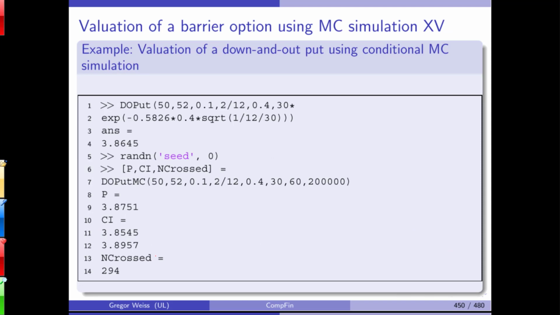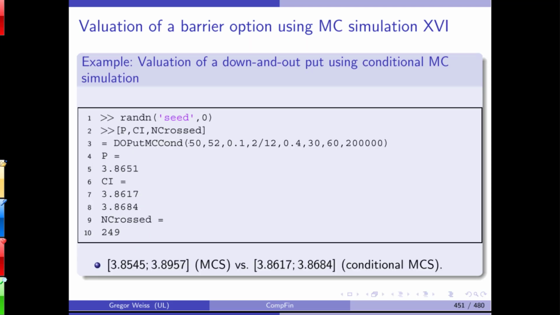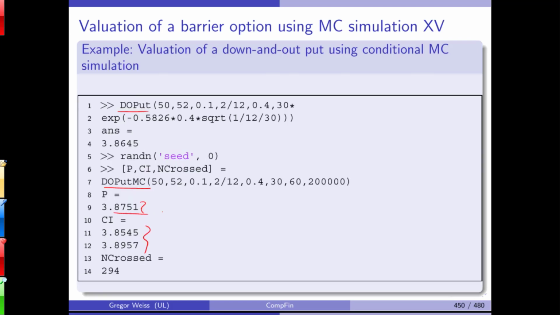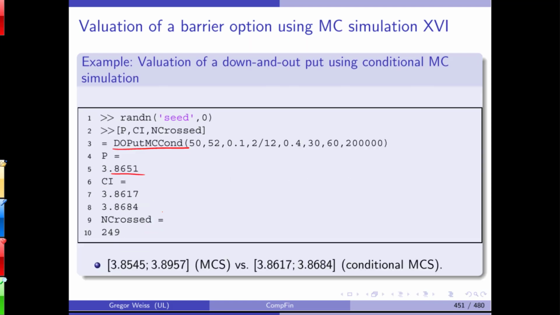And now you will see the difference. We have a down and out option using Monte Carlo simulation. We have this estimate here and this confidence interval. And as you can expect, the confidence interval will become smaller as soon as we switch from regular to conditional Monte Carlo simulation. So we do the same here, down and out, conditional Monte Carlo simulation, get a similar estimate for the option price, but the confidence interval is smaller.